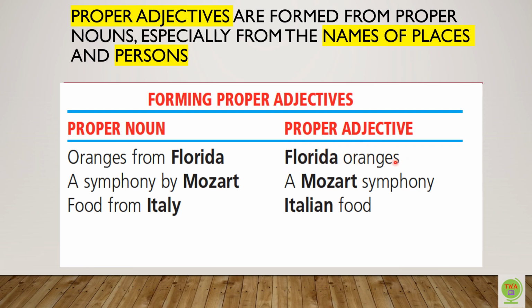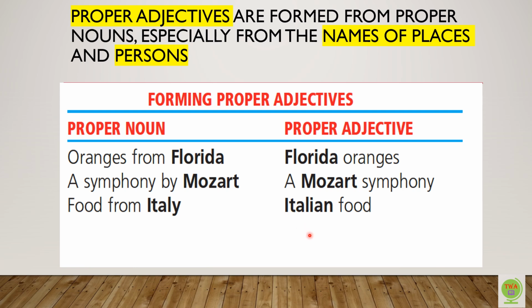Like for example, we can say Thai food, Filipino dishes, or we can say American latte. All right, so those nouns were being described by using proper adjectives. And then we have here Mozart in Mozart Symphony. And then the last one we have Italian food.